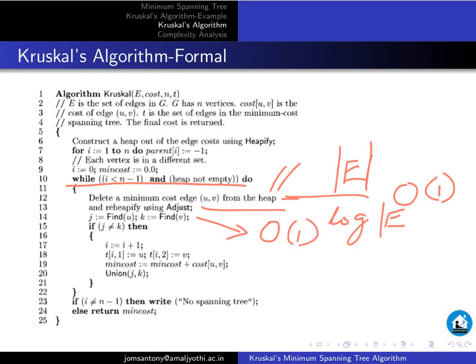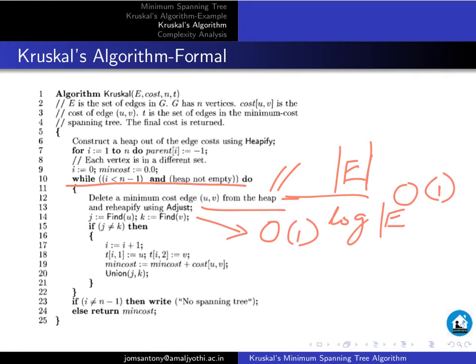And once you have applied find on u and v and derived j and k, then you check whether j is equal to k. If j is not equal to k, then only you will add this to our solution set. So that is what you can see here.